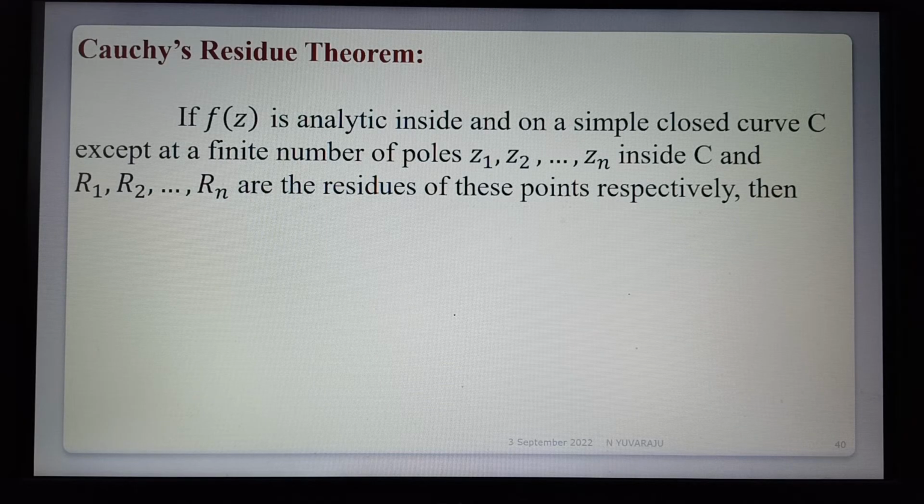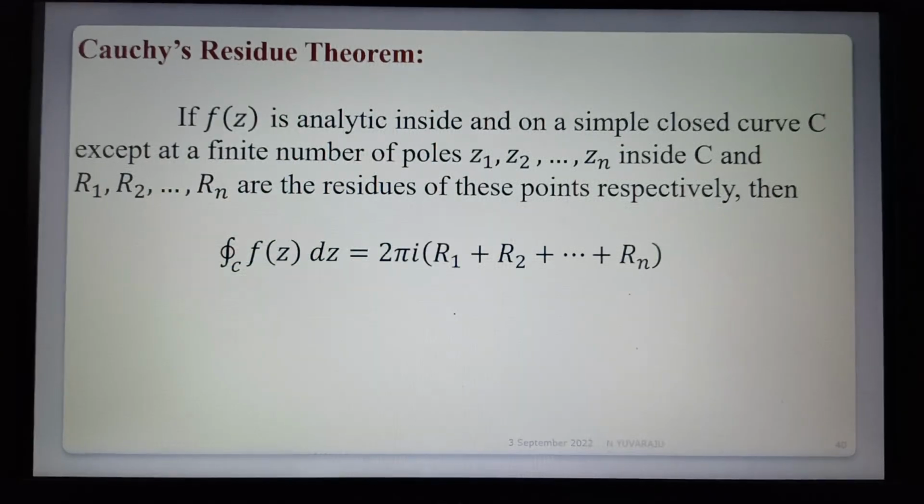The statement is: if f of z is analytic inside and on a simple closed curve C, except at a finite number of poles z1, z2, and so on up to zn inside C, and r1, r2, up to rn are the residues at these points respectively, then the integration of f of z dz over the region C is equal to 2 pi i into r1 plus r2 plus up to rn.